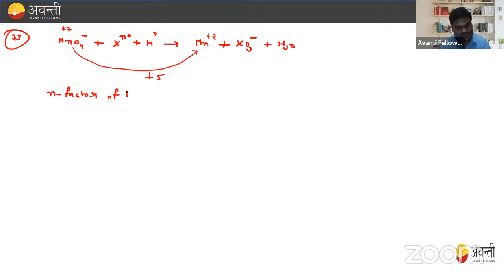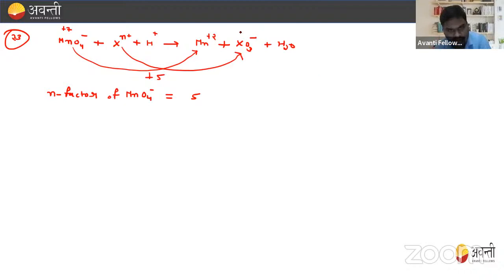So the n factor of MnO4^- is equal to 5. Similarly, what is the n factor of X^n+? This X^n+ will convert into XO3^-.